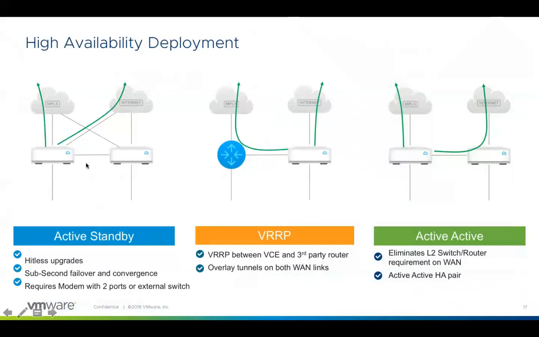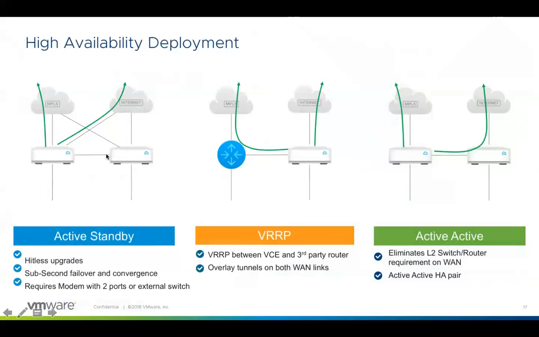So on the left here is the original VeloCloud native HA, where basically the standby edge is a mirror image of the active edge. And when an edge is on standby, basically it blocks all of the WAN and LAN ports, pretty much all the ports except for the interface that is used to connect to the primary edge for HA.